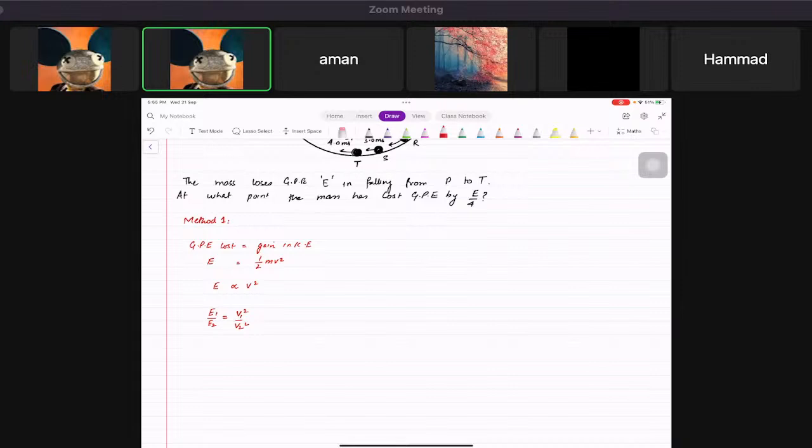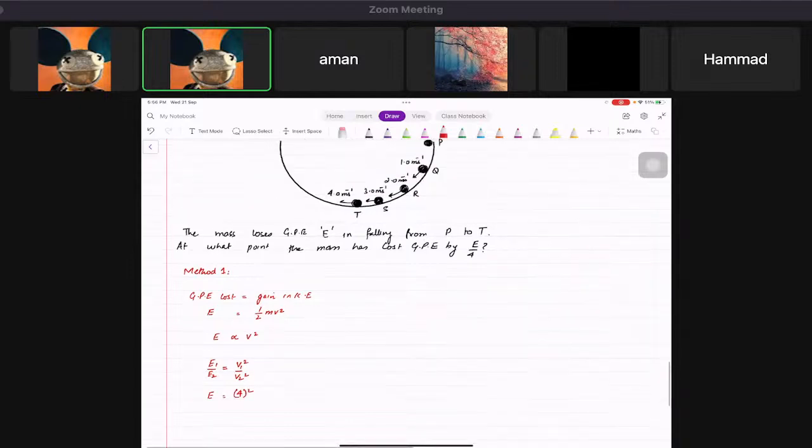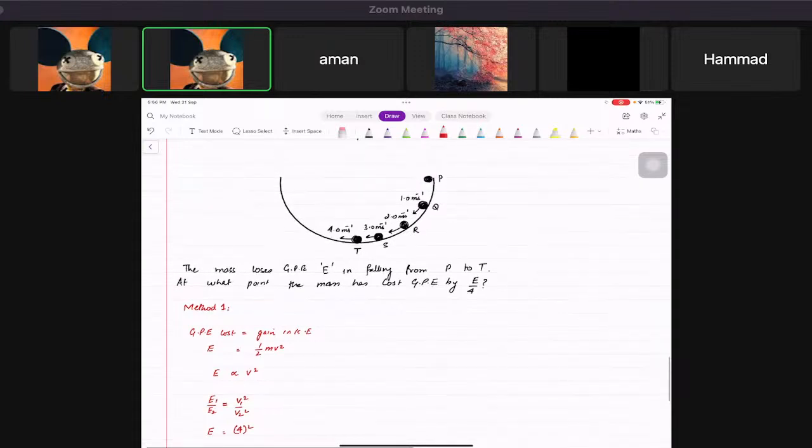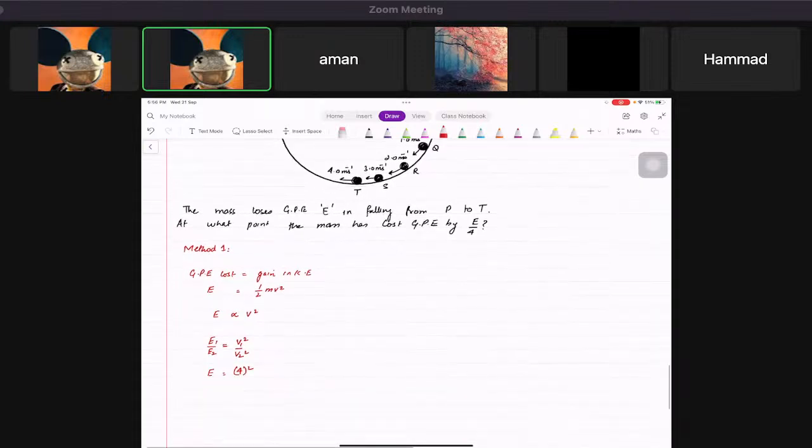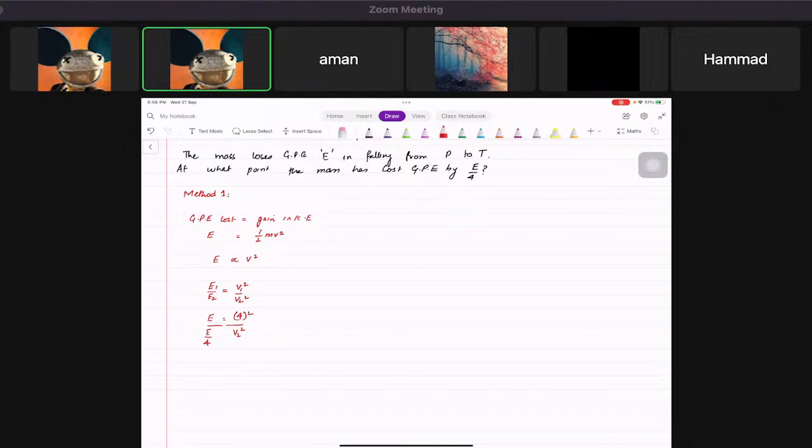Now what they want is, they say when the energy was E, the velocity was 4, so we have 4 square. He says that when energy was E by 4, what would the velocity be? Okay, so we can just do this. E and E will cancel out, or you can just simply multiply.